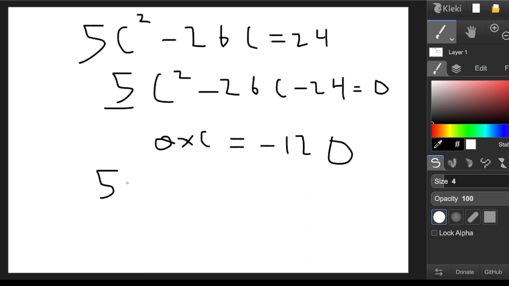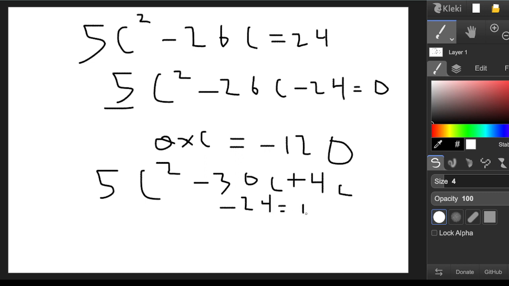So we can rewrite that as 5c squared minus 30c plus 4c minus 24 equals 0. Right? And then, for the first two, we'll take 5c common.